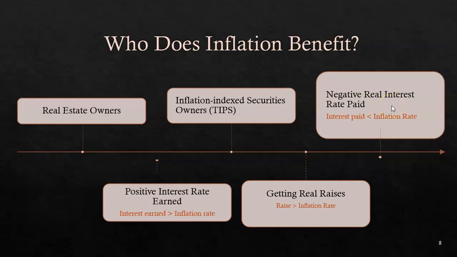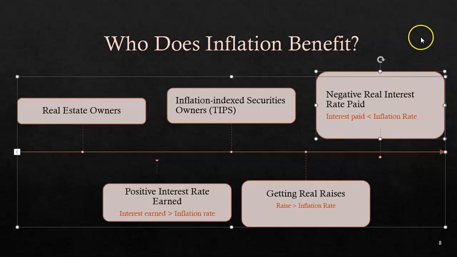Negative real interest rates. So interest rates, when they are real, you've deducted the inflation rate from them. If you are paying an interest, then you actually want to make sure it is less than inflation if possible, right?